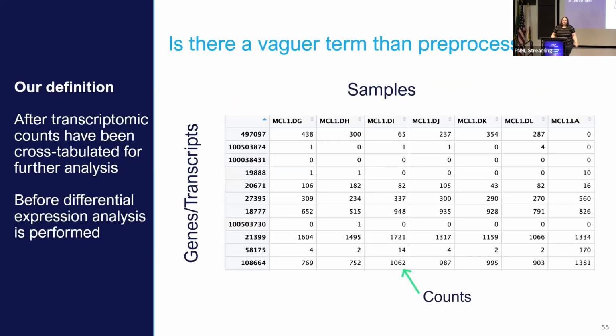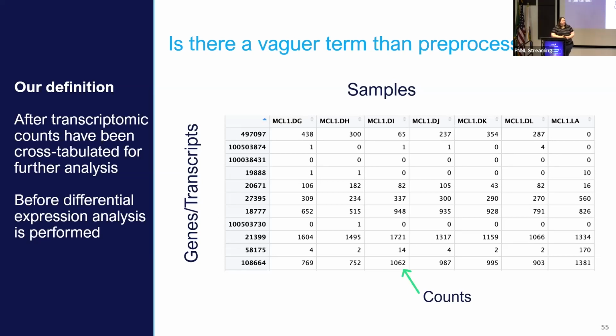So we'll leave off where Rachel was talking. We have, right, your crosstab that has genes as your rows, samples as your columns, and your entries are counts. And hopefully you've done some sort of quality control, pre-processing.